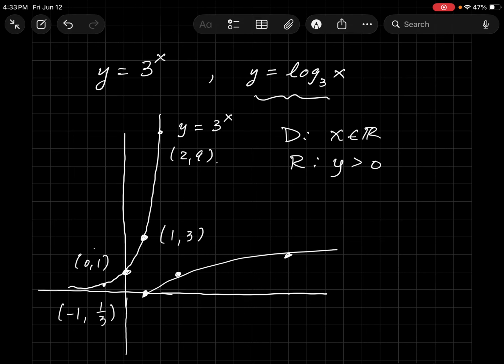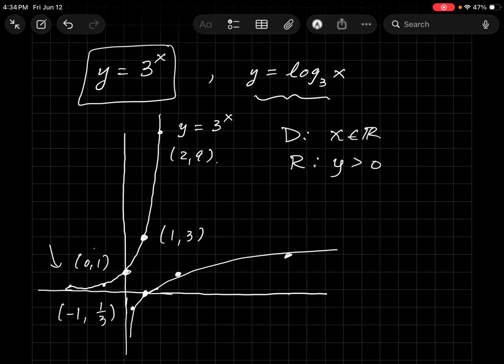And -1, 1/3 becomes 1/3, -1. And notice that we have a horizontal asymptote going this direction. That is for my exponential function.